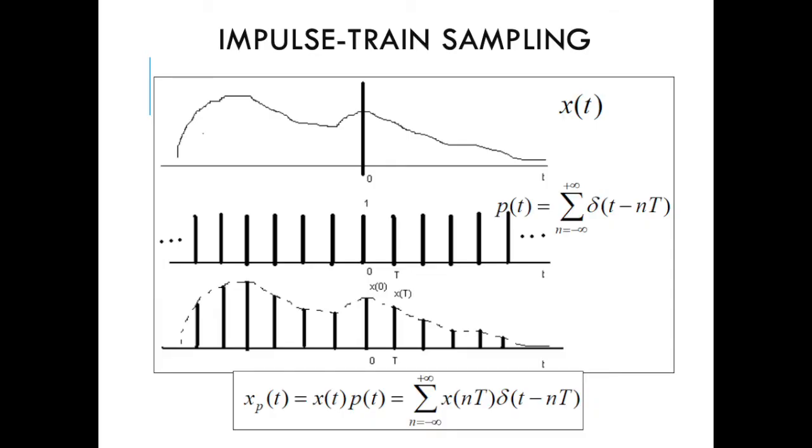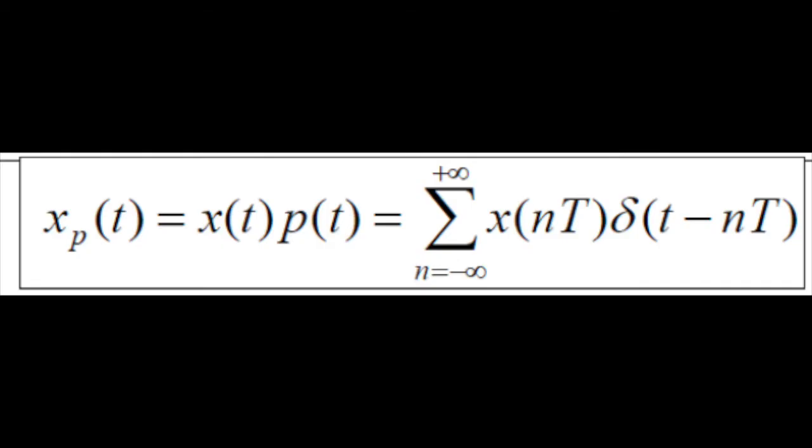Look at the output: you can see we have our impulse train, and then we have the shape of our input signal. If you look at this equation, we have x_p(t) equal to x(t) multiplied with p(t) equal to the summation of x(nT) delta(t minus nT).